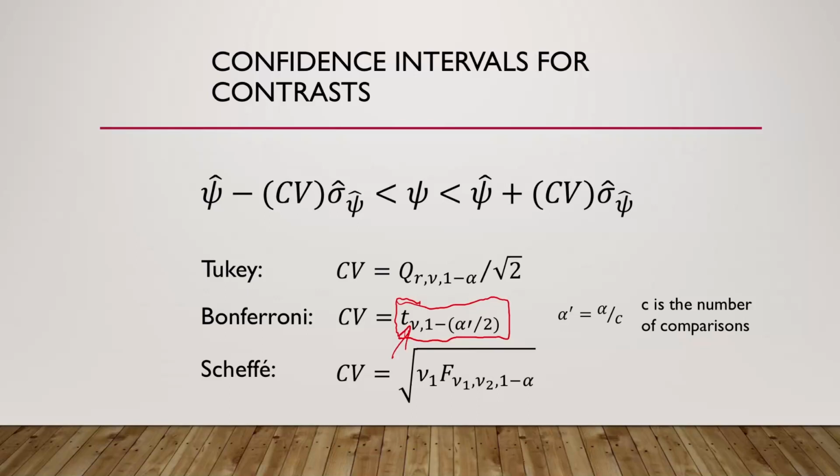But what's a little bit unusual here is this piece right here. What we're normally used to seeing is that we divide alpha by 2. And once we divide alpha by 2, we can subtract that from 1 to get the upper tail of the distribution. Or you can take alpha divided by 2, and that without subtracting from 1, that's the lower tail.